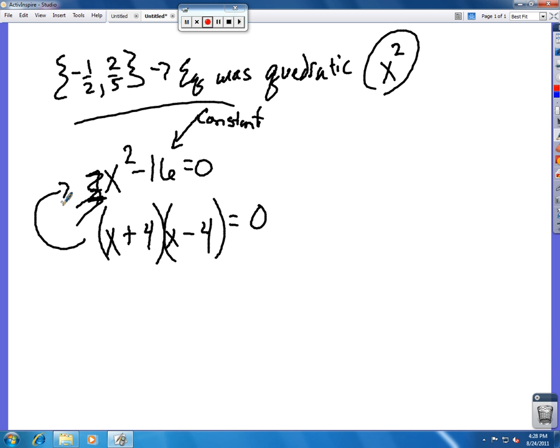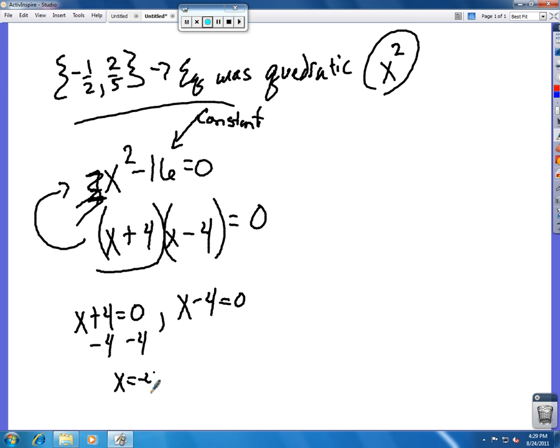So again, zero factor property. We're going to use that now, and that's where we take this set of parentheses and set it equal to 0 and solve for x, and then do the same on the other parentheses. So we're going to subtract 4 from both sides, so we get x equals -4.